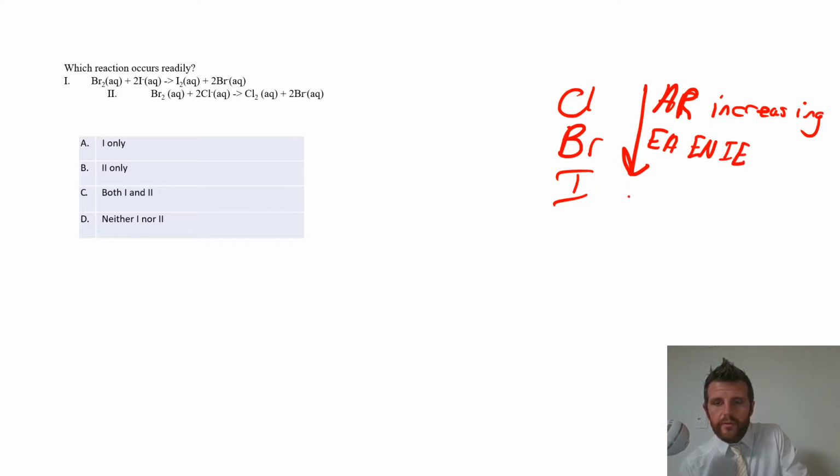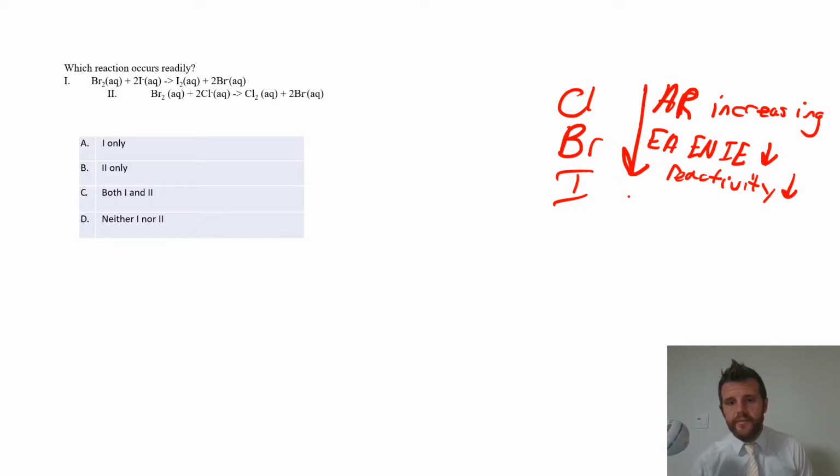These are all going to be decreasing as well. Another thing that actually happens with these is the reactivity is also going to decrease. I'm going to try to stay away from using that word reactive or reactivity because I just don't like it. It's not descriptive, and it's a poor way to think about it, but it'll work.